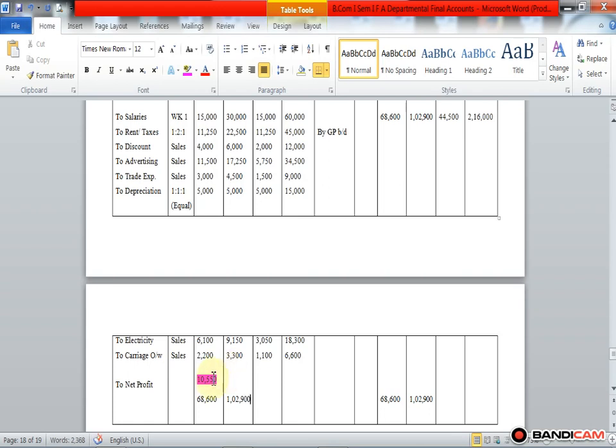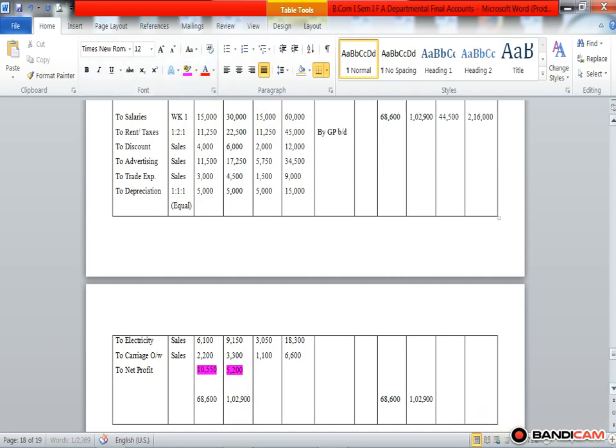Okay, the net profit amounted to rupees 5,200.